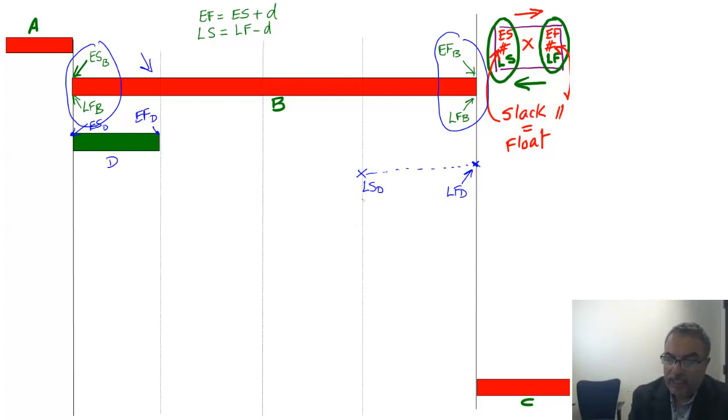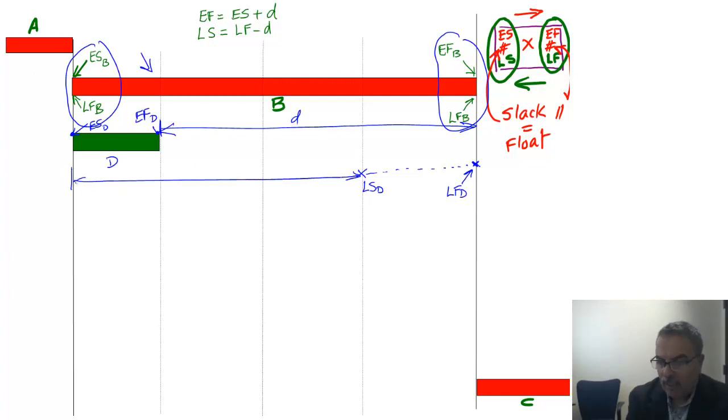And as you can see, there is a difference now between the earliest finish and the latest finish, which is this distance right here. And it's the same distance between this guy and this guy right here. There's a difference. Therefore, we can say task D is actually not a critical task, and it has a slack equals float equals this duration.